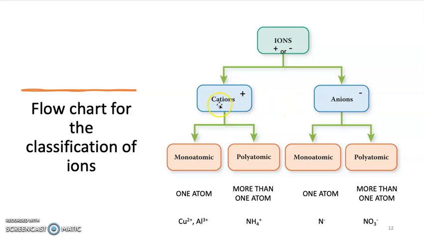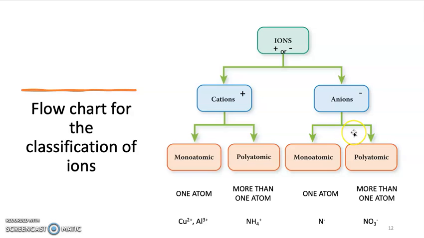Remember, we talked about sodium ion, Na plus, and chloride ion, Cl minus. So Na plus is a cation, and Cl minus is an anion. Now within the cations, there are two types: monoatomic cations and polyatomic cations.